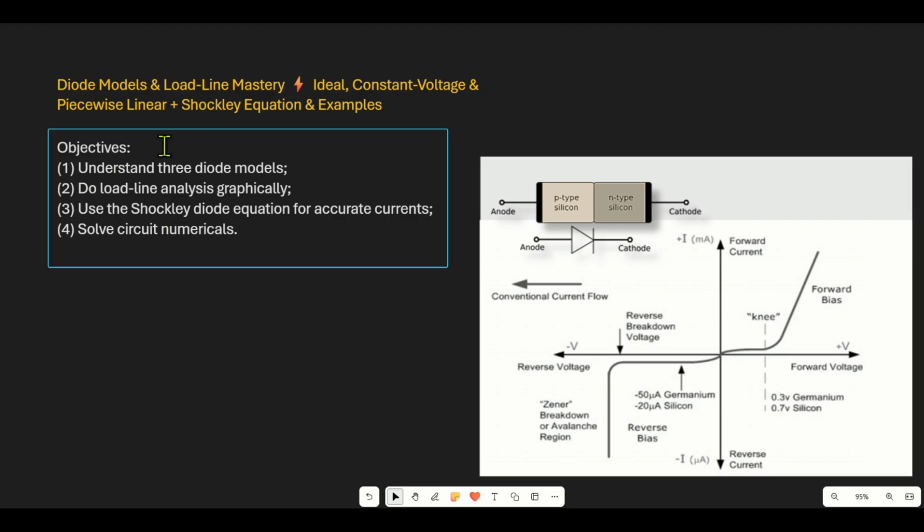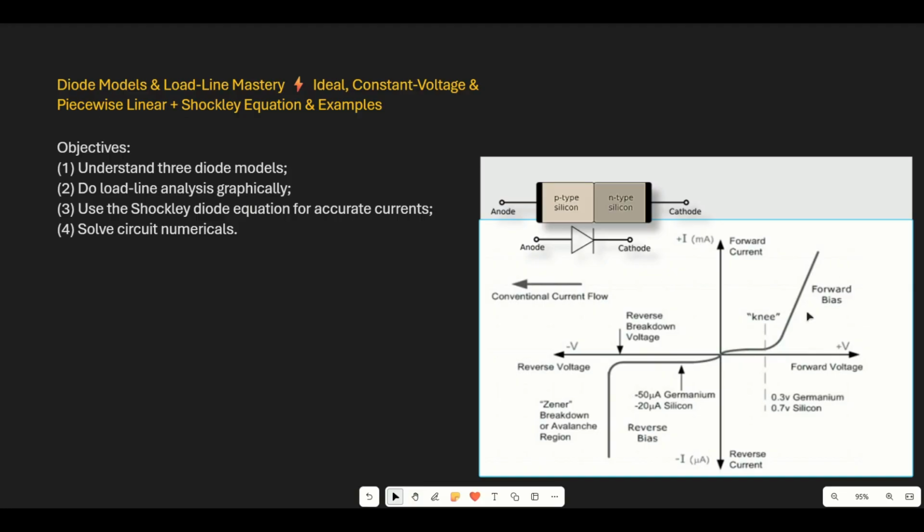So why are these models required? Real diodes have an exponential IV characteristic, as we can see here in this graph, which we normally use whenever we are discussing diodes. But solving circuits with exponentials every time will be painful and quite difficult.